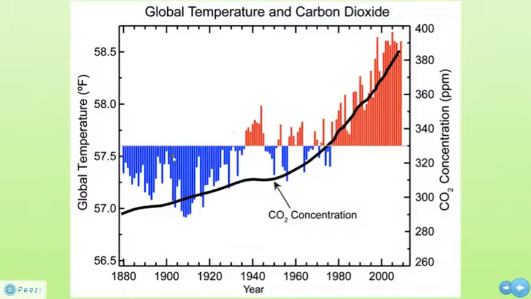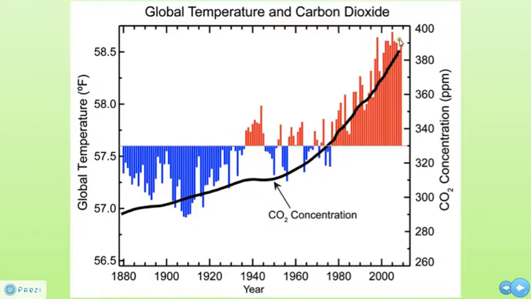And so this makes sense that as we've seen greenhouse gases increase over time, this is just looking at CO2 concentration, we have seen an increase in temperature. Of course, they don't correlate perfectly, because there's a lot more things going on in the climate than just CO2.